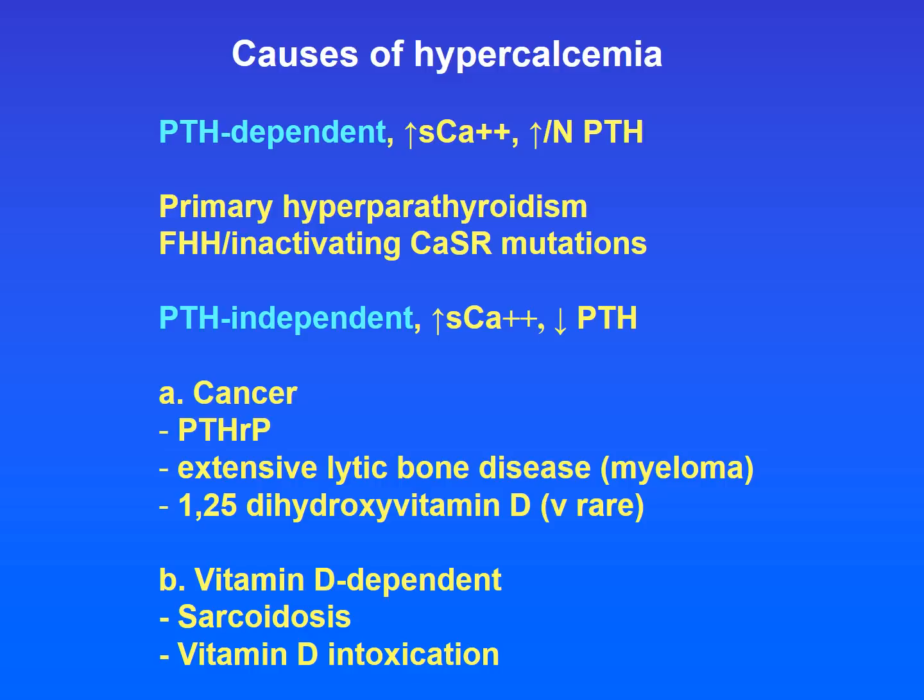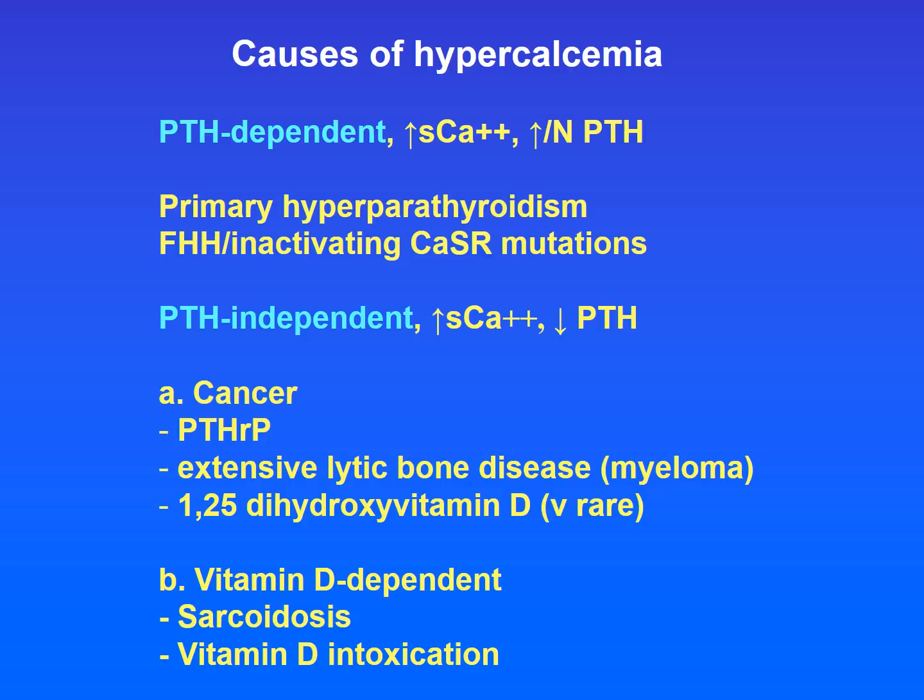The serum calcium is raised above the normal range, and the parathyroid hormone levels are either clearly raised or inappropriately normal. When you think about it, if normal physiology is present, then raising the serum calcium should switch off parathyroid hormone production.